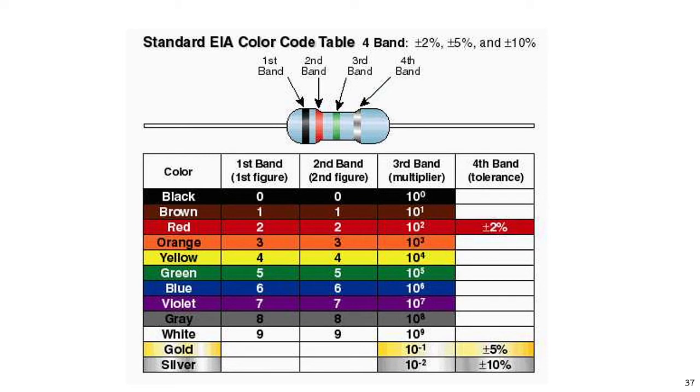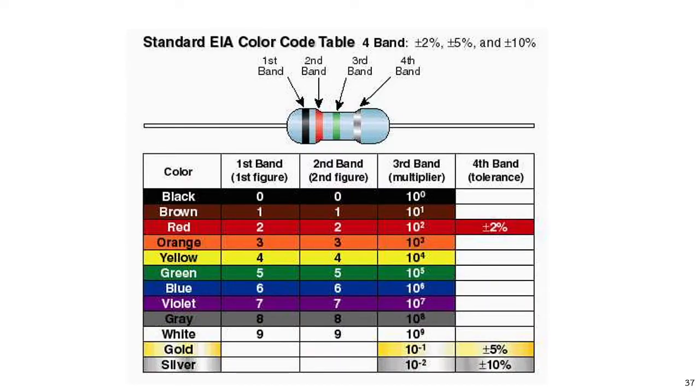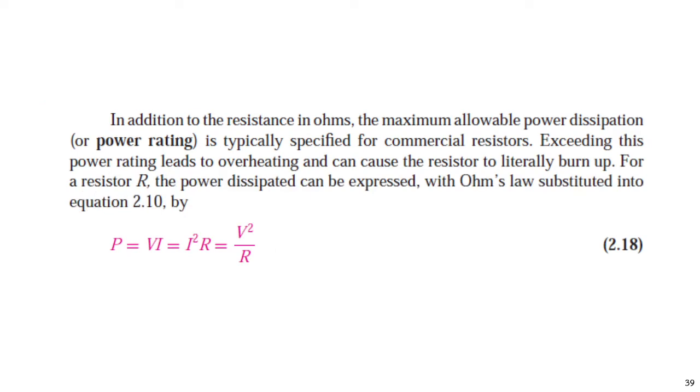Okay, I skip this part because we do it in the other session. To read the common code of the resistor is the standard code of the resistor. In addition to the resistance, there is the maximum allowed voltage.